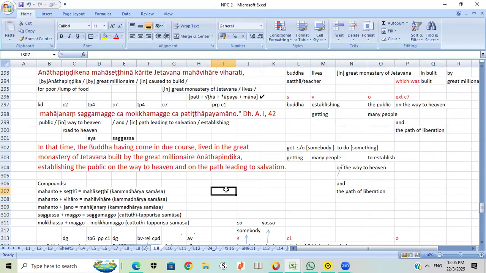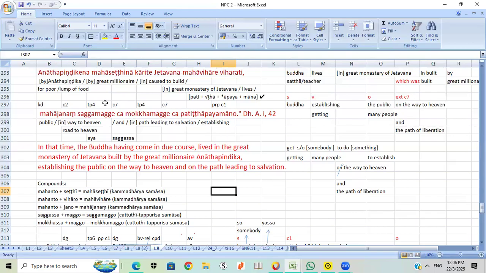You remember, any preposition you can apply: path to, road to, whatever, in compound. Like this one, it is an adjective, straight away: great millionaire. So the Tatpurusha involves a case, which means there is a preposition in between. The moment you read it out, you automatically figure it out.